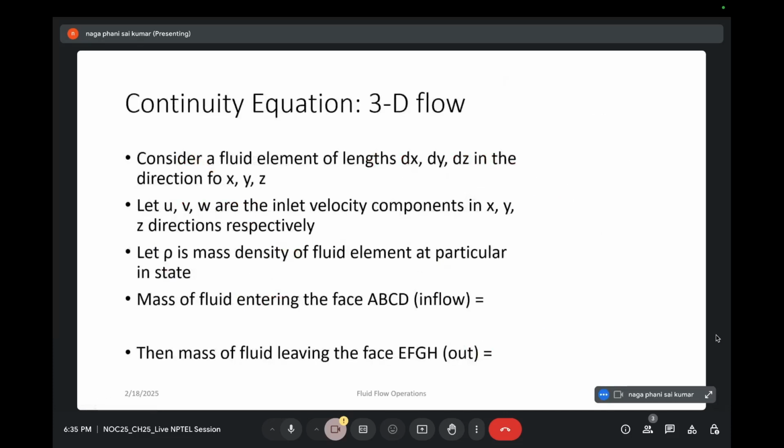So now coming to continuity equation, let's derive continuity equation for a three-dimensional flow. Okay.